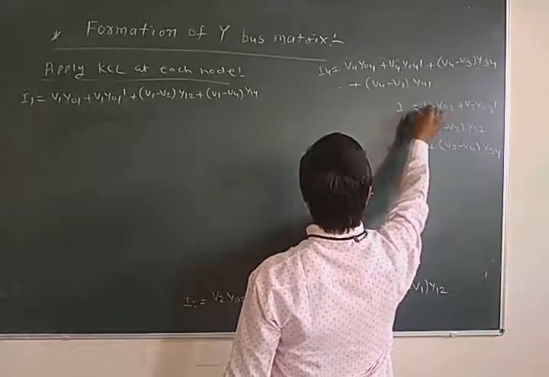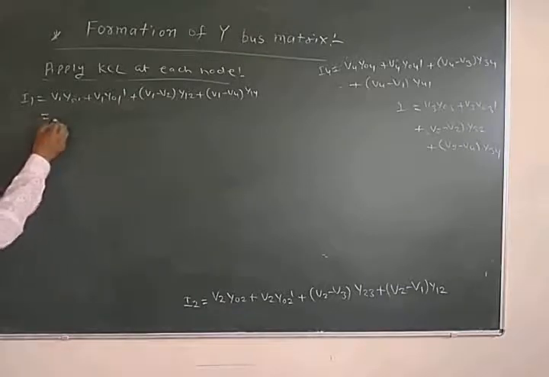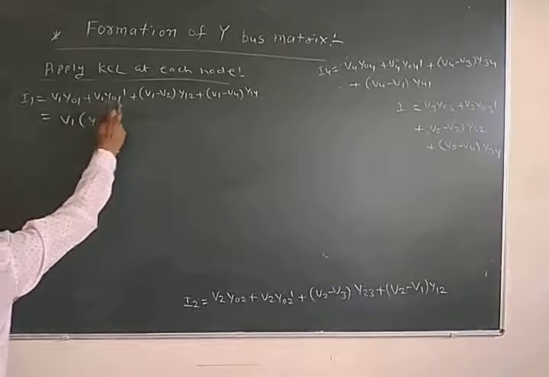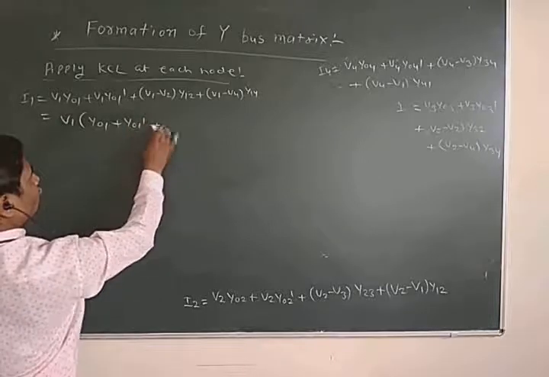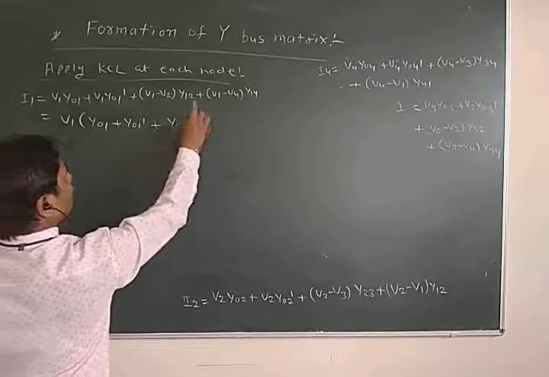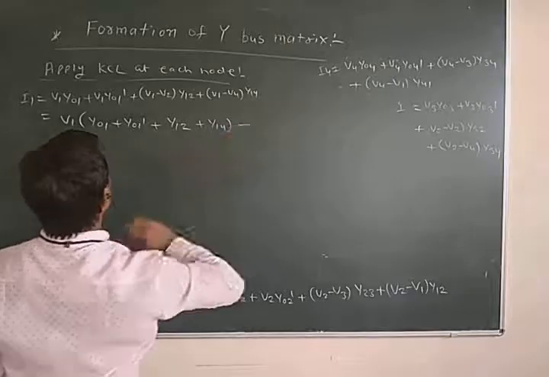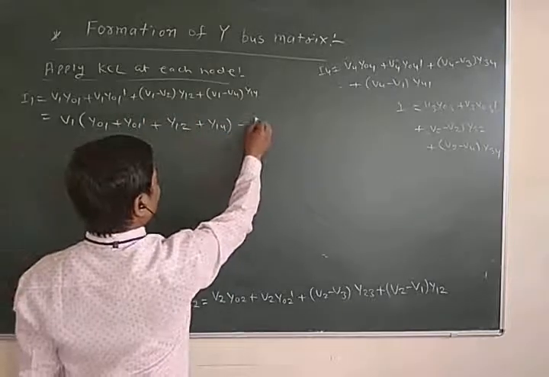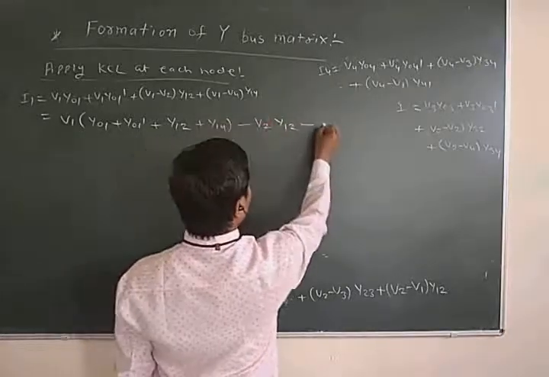Now we simply write equation number 1. So V1 Y01 plus V1 Y01 dash plus V1 Y12 plus V1 Y14, and minus V2 Y12, minus V4 Y14.